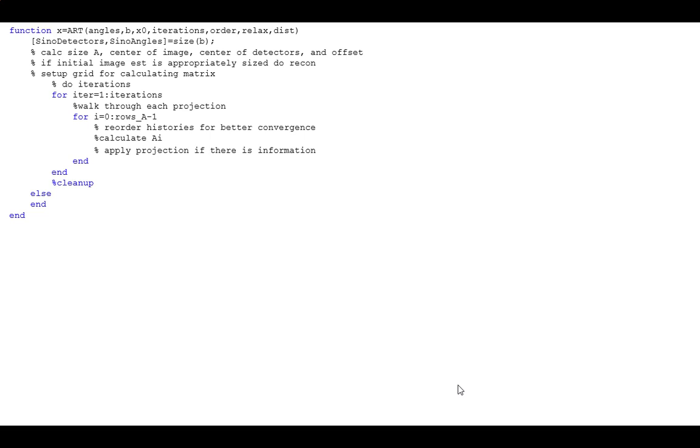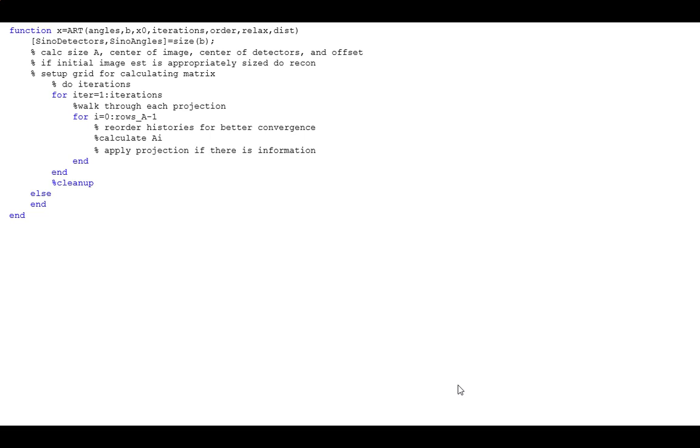Inside the iterations, we've got to run through all of the rows of A. So we have a double nested for loop. How many iterations do you want? How many rows do you have to do? Walk through one projection per row. Away you go. Then on that very inner part, we're going to have to reorder the histories according to the ordering.